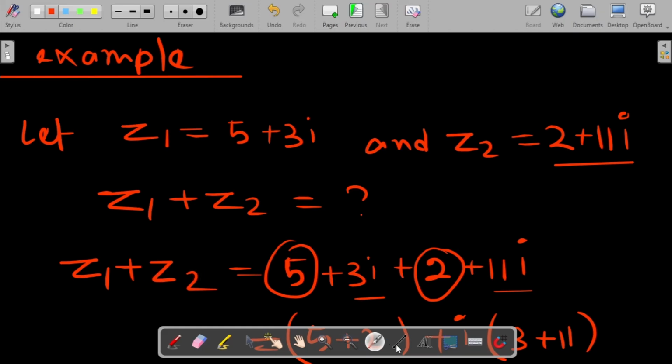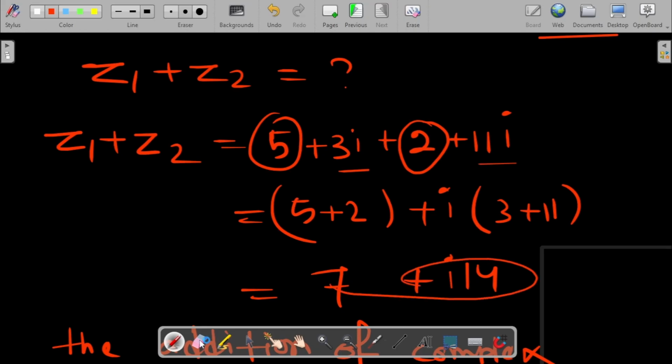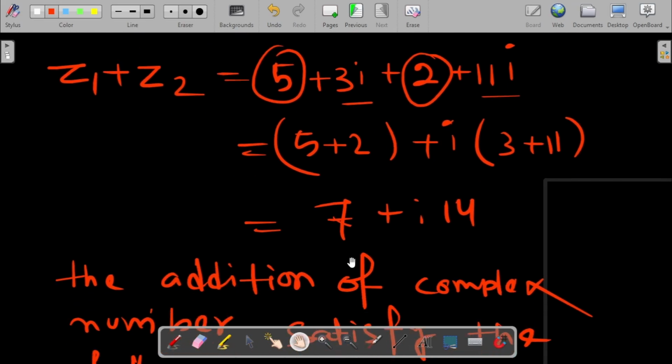After adding these two, I'll get 7 plus 14i. And this is also one complex number, because this is also of the form a plus ib. So it satisfies the closure property of complex numbers.